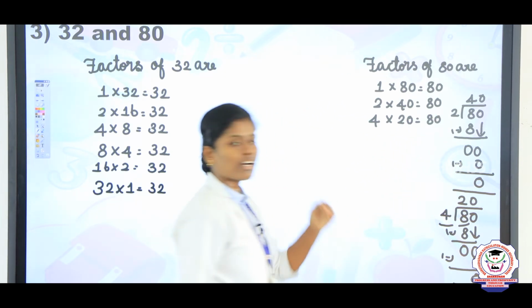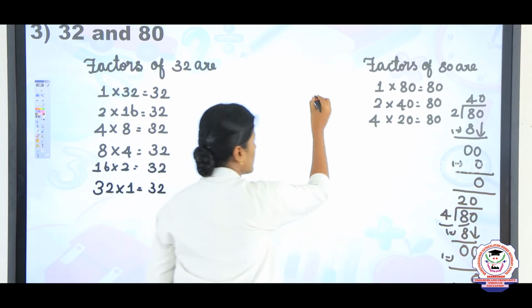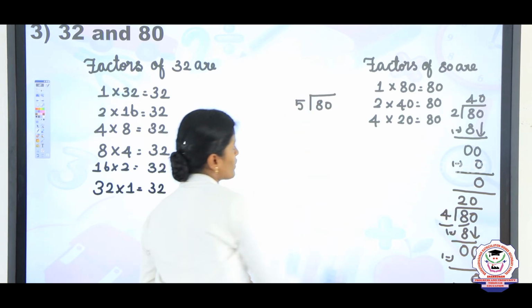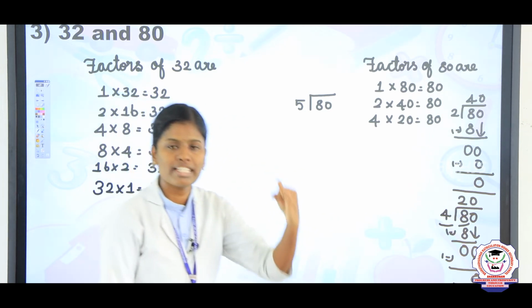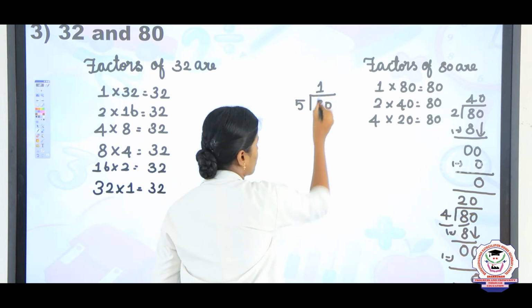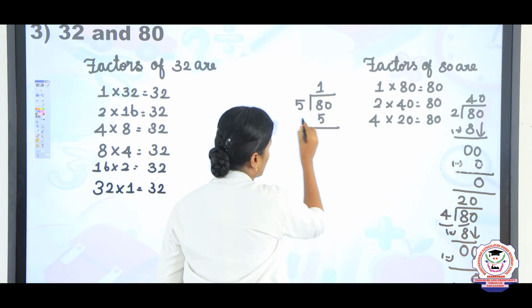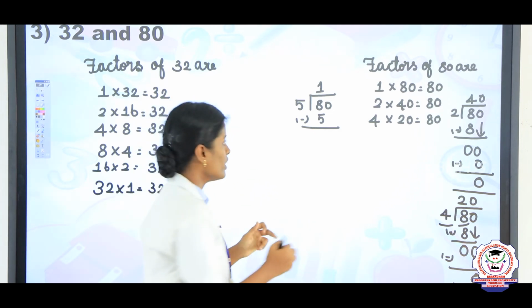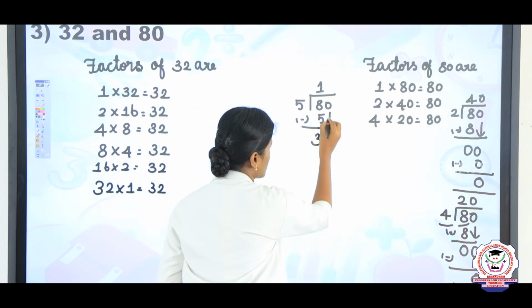Next, you are going to take 80 divided by 5. So, 1 5 is 5, 2 5s are 10, 3 5s are 15. So, take 1 5 is 5. Now, what is the answer? 8 minus 5, the answer is 3. Then, you should bring down 0.